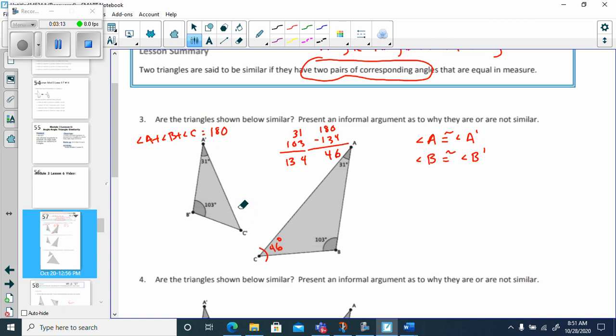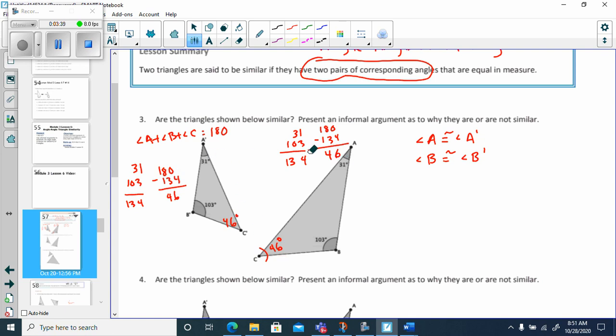Let's do the same thing with this triangle, okay? I have an angle that's 31, just like this other one. I have an angle that's 103, just like this other one. If I add that up, that's 134. If I subtract that from 180, what do I have? I've got 46. Well, look, that means these two have the same measure.